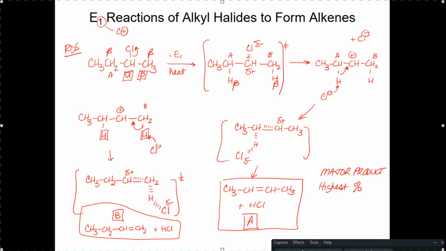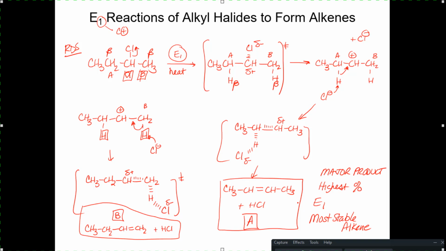And so the rule for the E1 reaction is that the major product of an E1 reaction is the most stable alkene. And then you're going, hey, that's why you talked about the most stable alkene, the rules for that, in the last slide. Yes, I am a trained professional, and so that's why we talked about the most stable alkene to begin with. So now this is how we predict the major product.